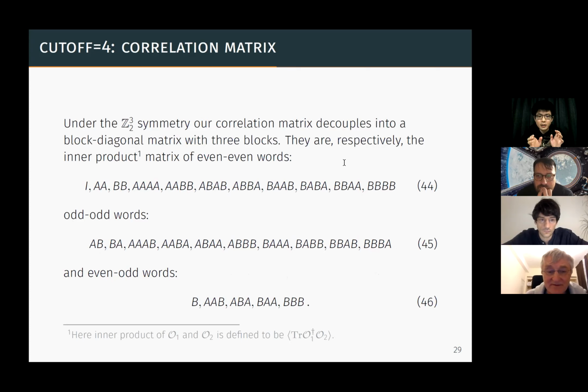Yes. You need to take the inner product of them to formulate the correlation matrix. So you take one of 44 times another one of 44? No. I take the inner product of itself, because the inner product between them is vanishing. Ah, okay. So then you have several positive definite matrices. Yes. Initially, it is a big correlation matrix, but you can use the global symmetry to make it into a block diagonal one. Okay.